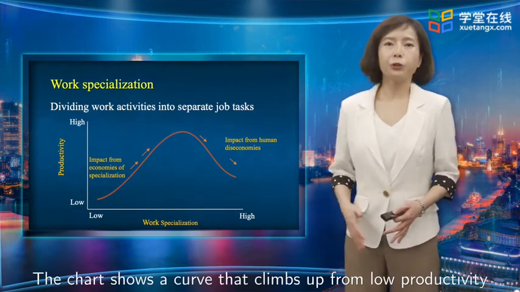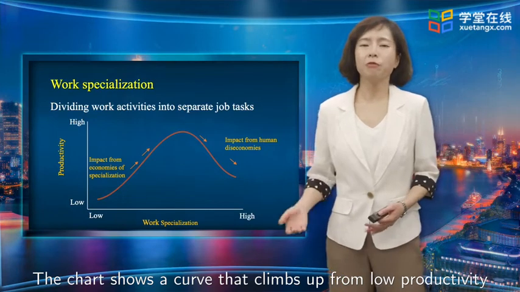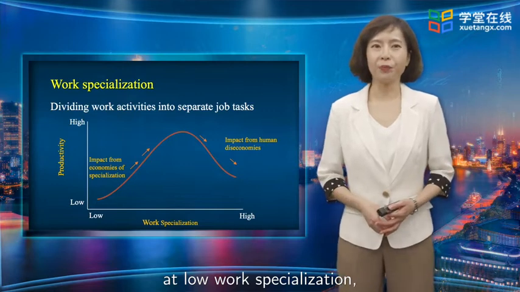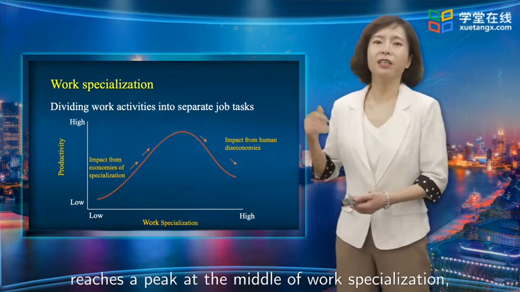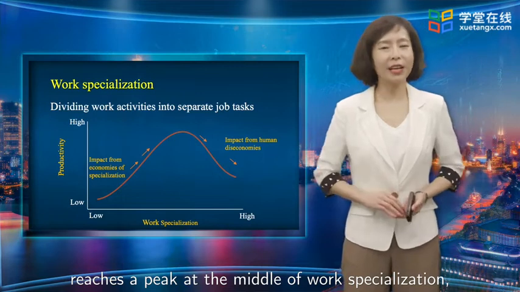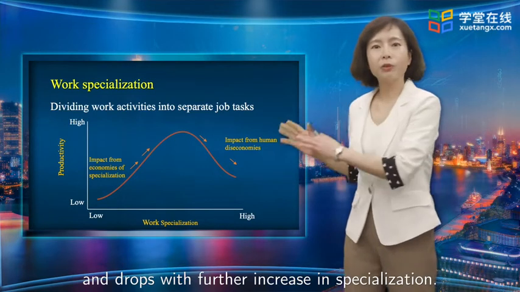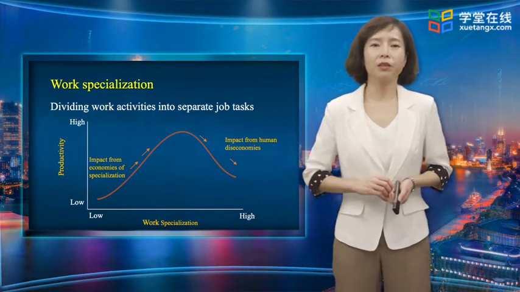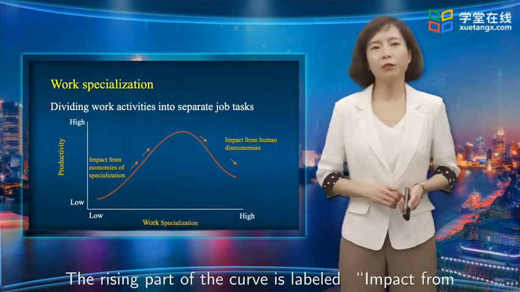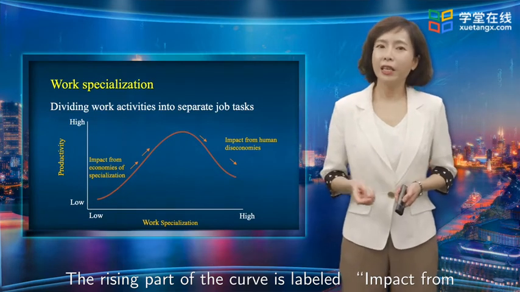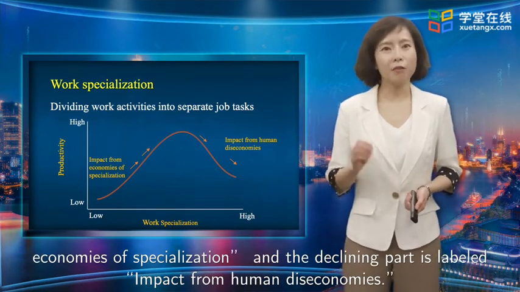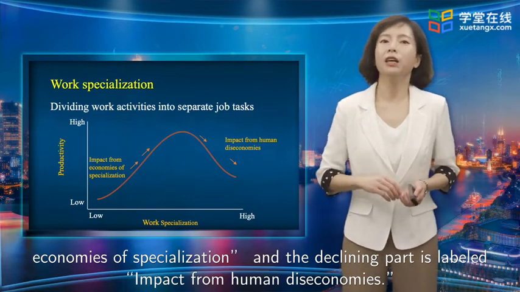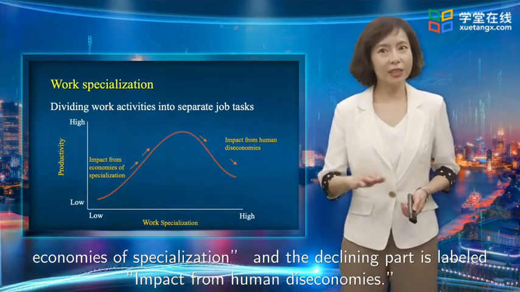The chart shows a curve that climbs up from low productivity at low work specialization, reaches a high peak at the middle of the work specialization, and drops with further increase in specialization. The rising part of the curve is labeled impact from economies of specialization, and the declining part is labeled impact from human diseconomies.